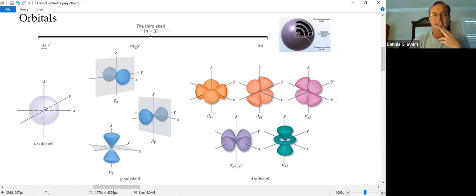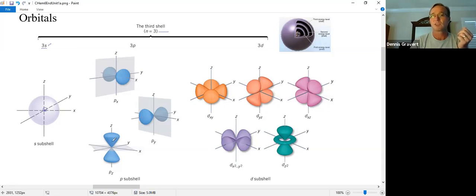The P is another subshell within the 3rd, and it looks like a 3-dimensional figure 8. So if you're watching an electron, it's dancing back and forth, or maybe it hangs out over here and it comes over here and back and forth it goes. That's its flight pattern. It's a p orbital that goes in and out along this x-axis. Another flight pattern is this electron that's doing the figure 8 dance 3-dimensionally that goes in and out along the y.